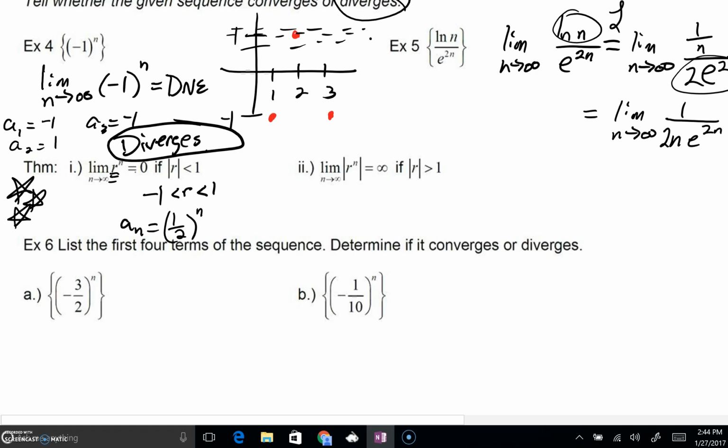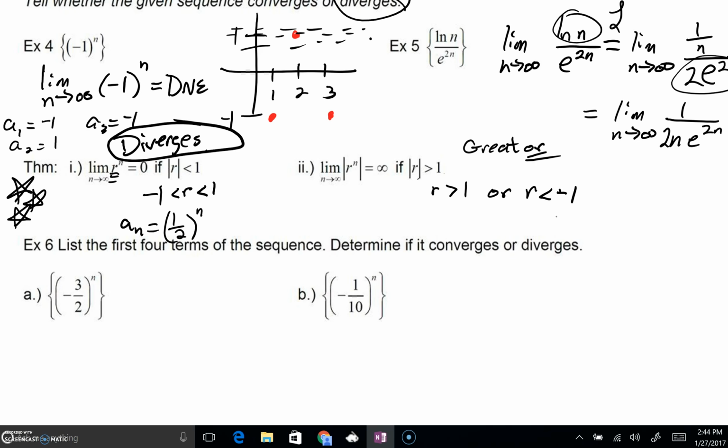By way of comparison, what you're going to see is if r in absolute value is greater than 1, that means r is greater than 1 or r is less than negative 1. Right? That's the alternative. Imagine that you're taking 2 to the n or 5 to the n. Wow, that's going to grow pretty fast, isn't it?